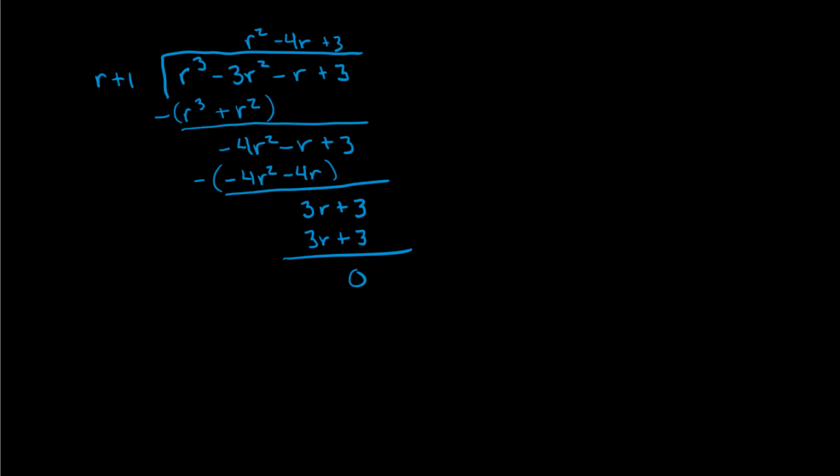This really means that this polynomial could be written as r plus 1 times r squared minus 4r plus 3. Well, the r plus 1's already factored out. And remember, we want this equal to 0, which is what we're trying to solve.